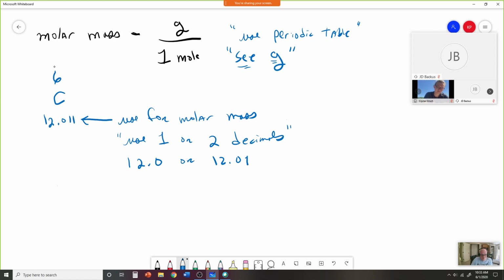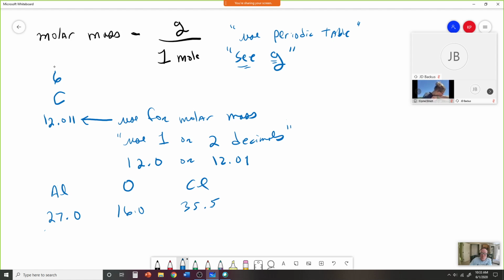If we had something like aluminum, it would be 27.0 is what I would use. Or oxygen, I would use 16.0. Or chlorine, I would use 35.5. What I'm doing is rounding the number underneath the element on the periodic table to 1 decimal.